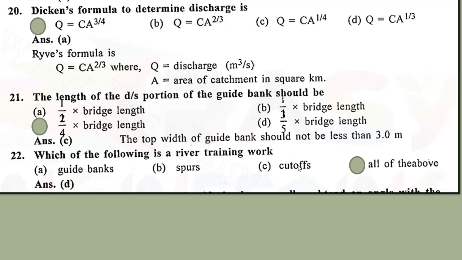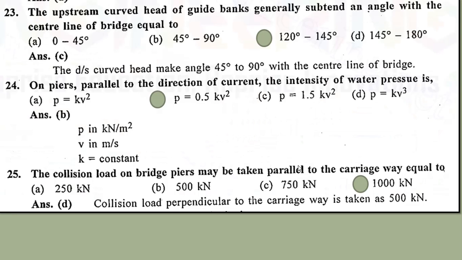Then the upstream curved head of the guide bank generally subtends an angle with the center line of the bridge equal to 120 degree to 145 degree. The downstream curved head makes an angle of 45 degree to 90 degree with the center line of the bridge.